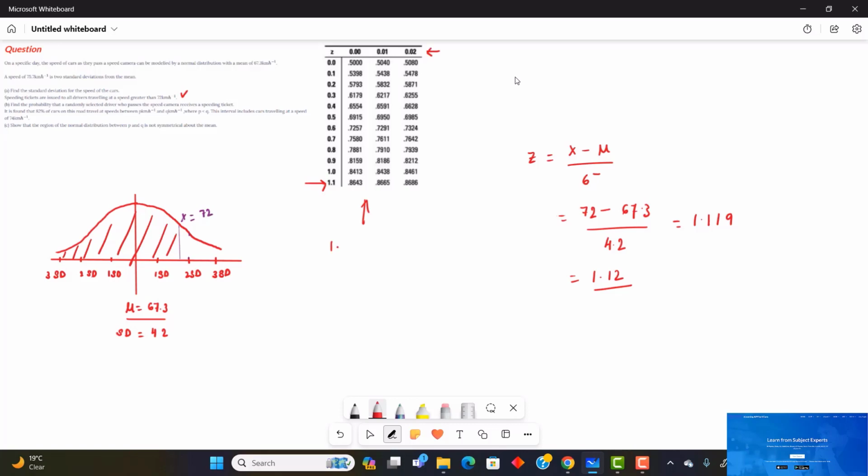So if you add 1.1 to 0.02, this comes out to be 1.12. So we should be looking at this value. So the probability is given as 0.8686.